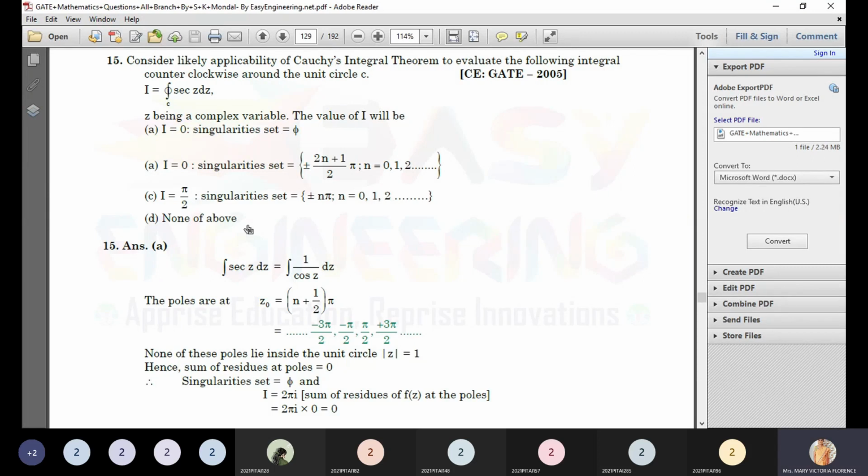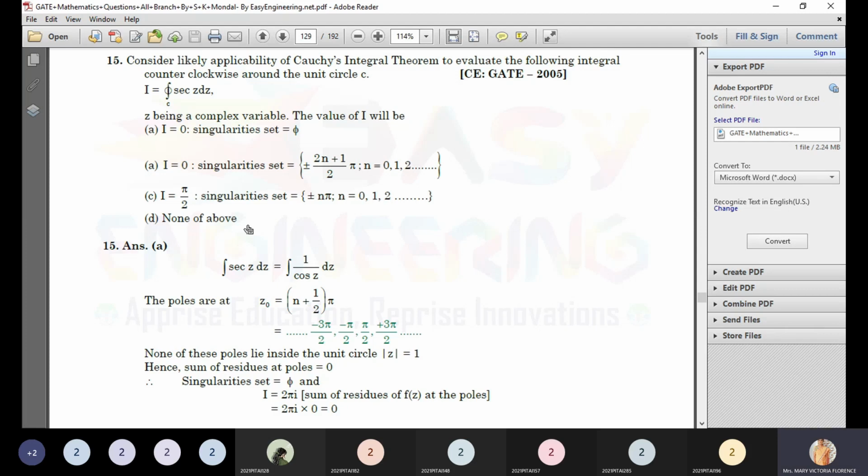So we get on the positive side pi by 2, 3 pi by 2, 5 pi by 2, etc., and on the left side minus pi by 2, minus 3 pi by 2, etc. None of these poles lies inside the unit circle mod z equal to 1. Hence the sum of residues at the poles is equal to 0.